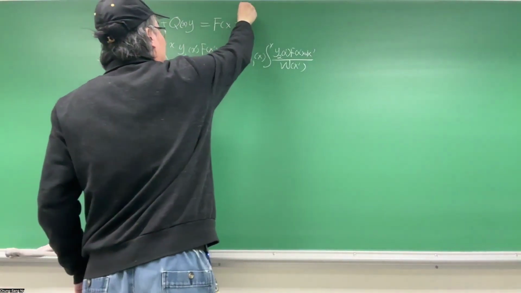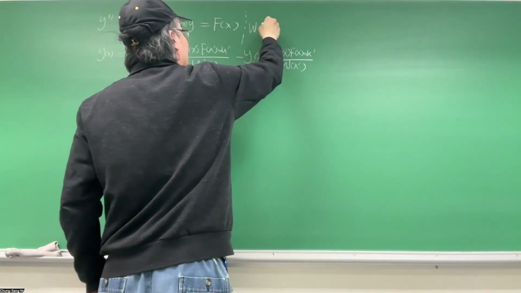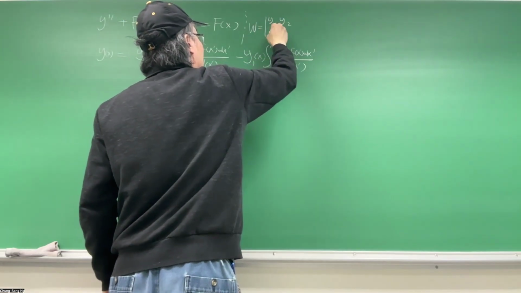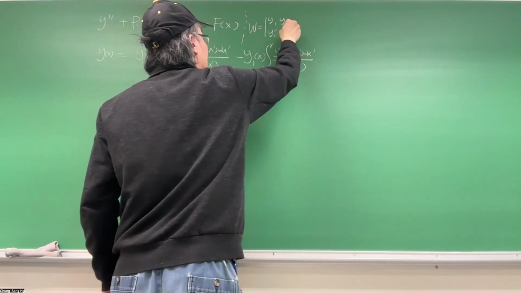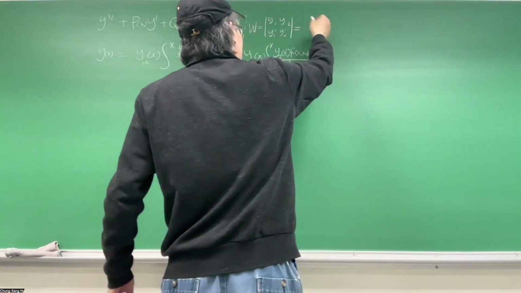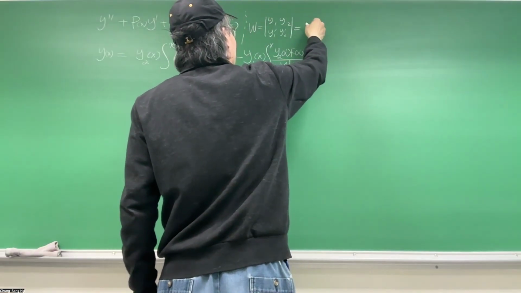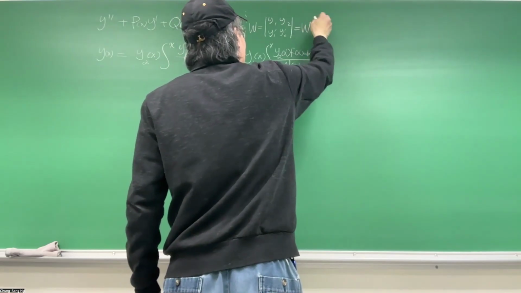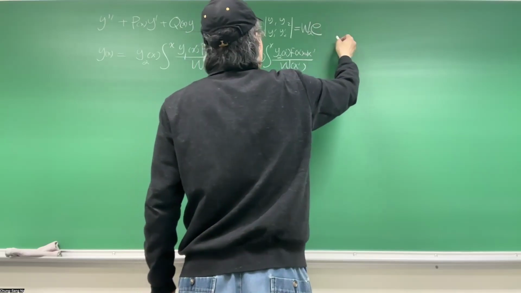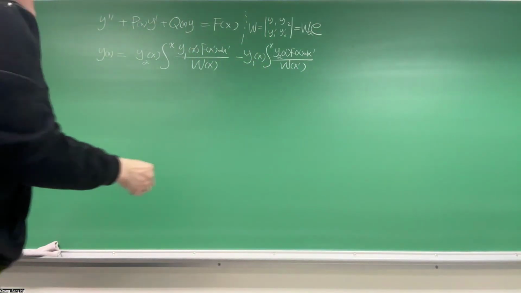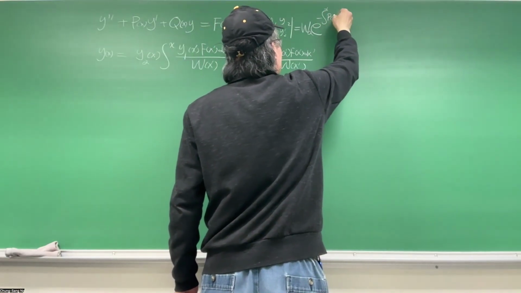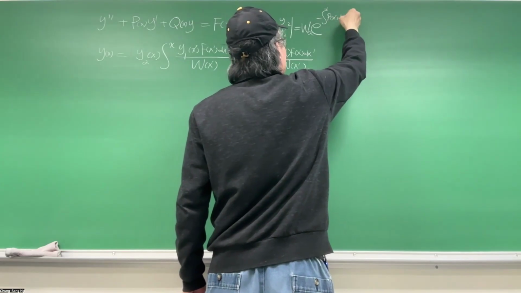The Wronskian is defined using the same y1 and y2: y1, y2, y1 prime, y2 prime. Right, and we solved that before. We have derived the solution for the Wronskian: some arbitrary constant, W sub a, times e to the minus integral of p(x prime) dx prime.